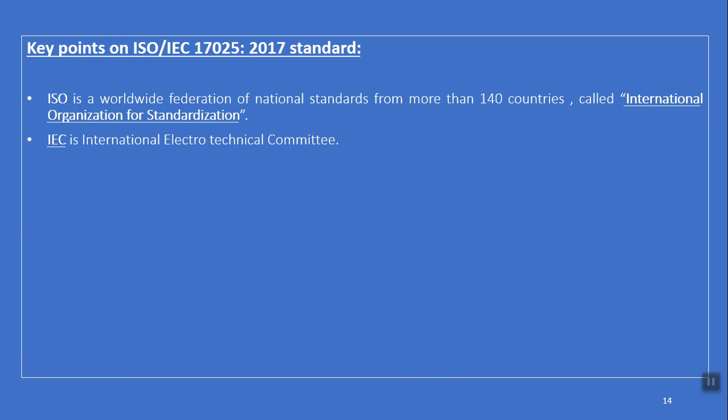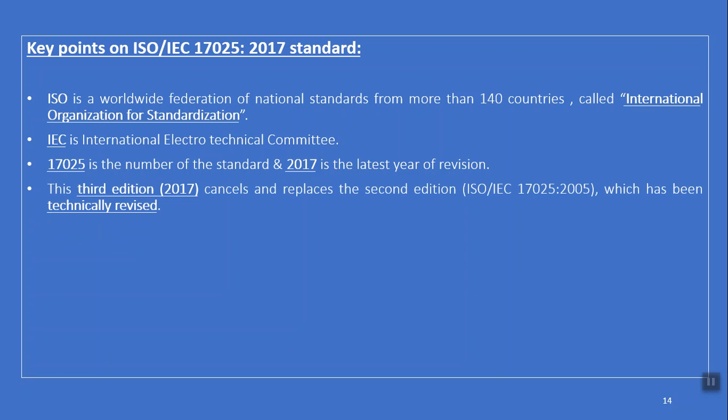So this standard is a joint release by ISO and IEC. There are many other standards which are joint releases of ISO and IEC. 17025 is the number, and 2017 is the latest year of revision. This 3rd edition 2017 cancels and replaces the 2nd edition 2005 version, which has been technically revised.